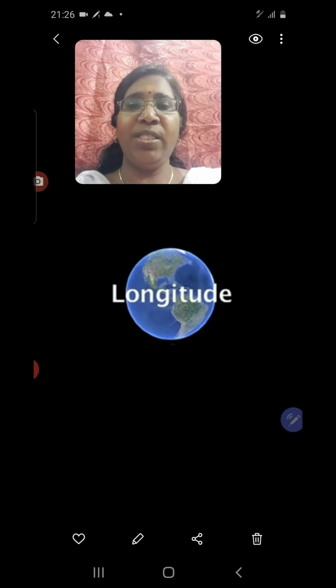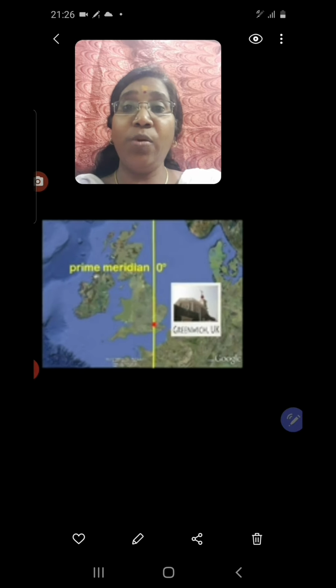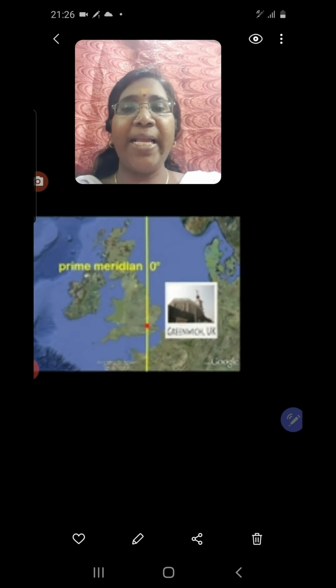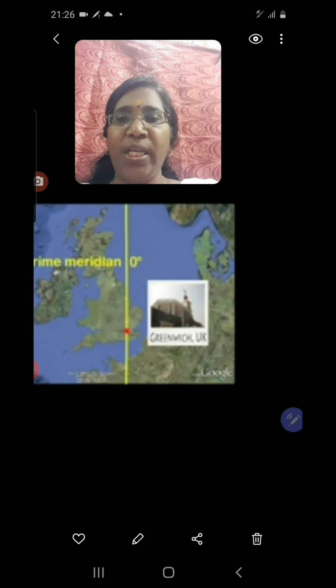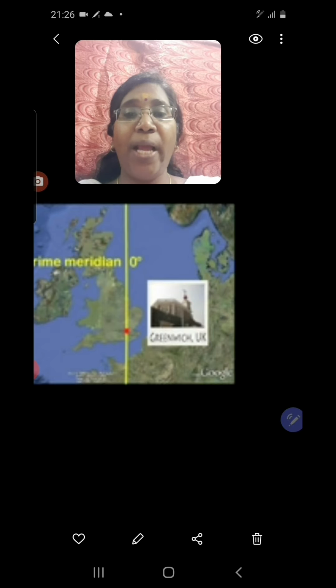Now let's see which are longitudes. We learned that the earth is divided into two equal halves, the eastern hemisphere and the western hemisphere, by the prime meridian or 0 degree. This line is also named the Greenwich line. You know why?